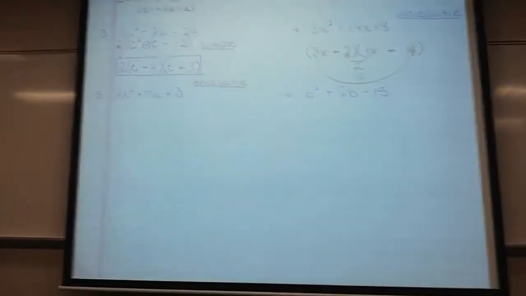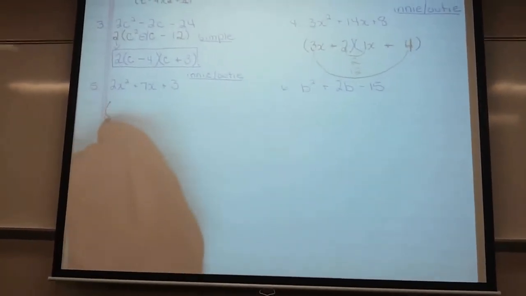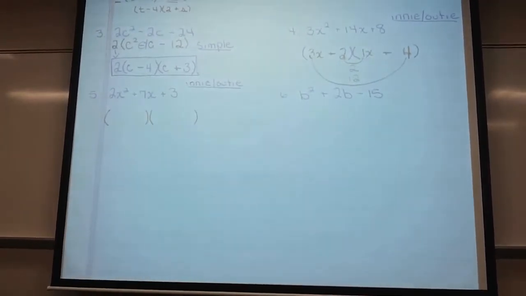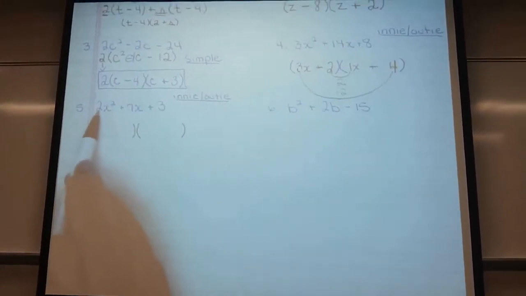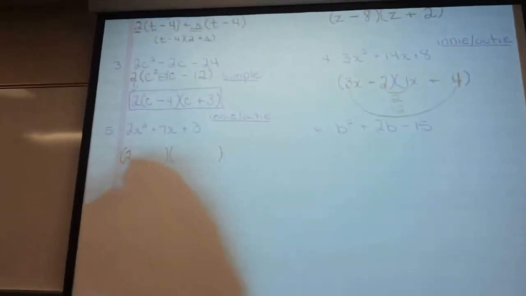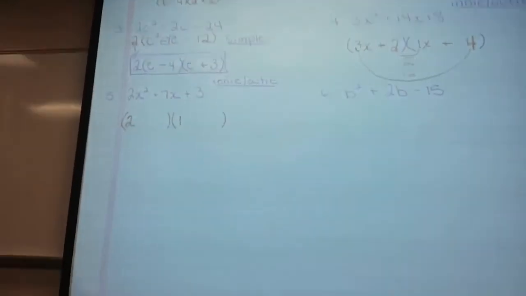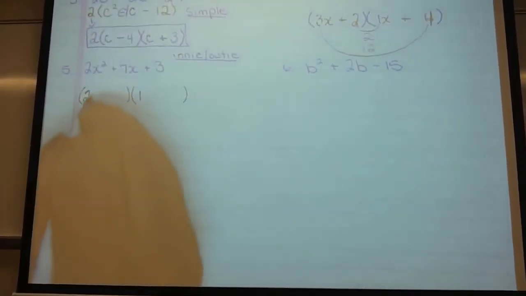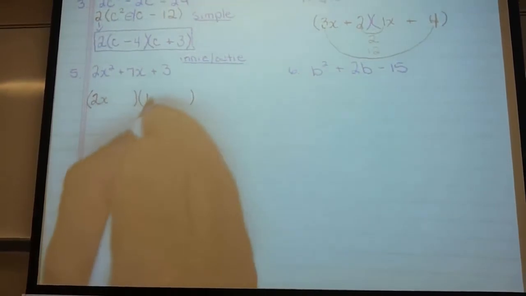So again, I'm going to make my 2 sets of parentheses. What numbers multiply to give you 2? 1 times 2. Okay, I'm going to put 2 and 1. It doesn't matter. And what letter are you dealing with? x. So 2x and 1x.